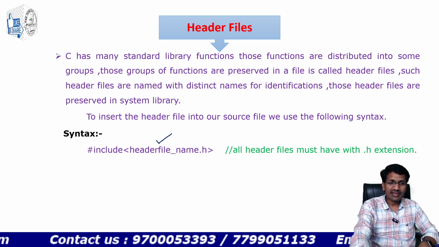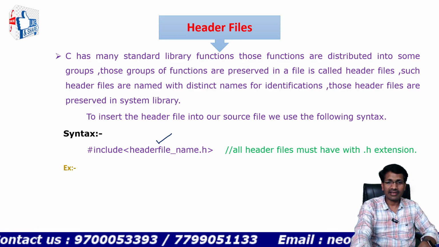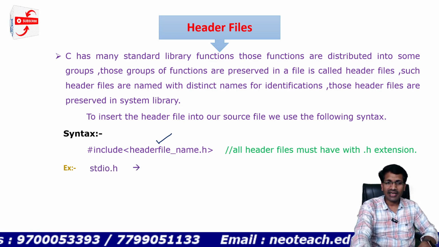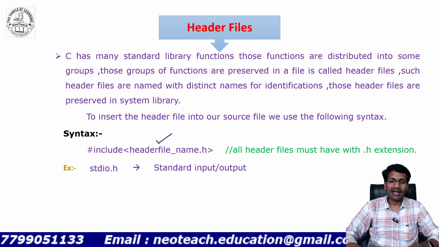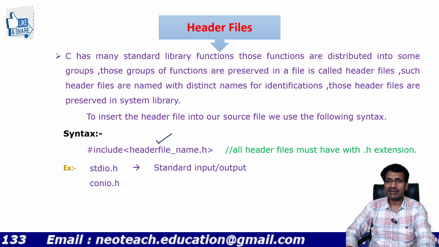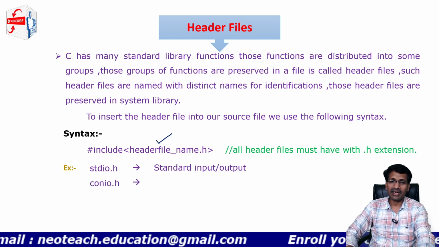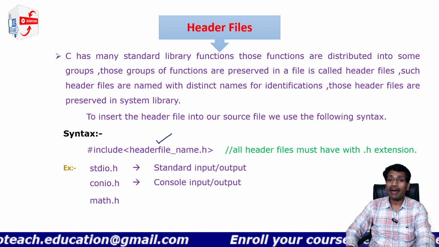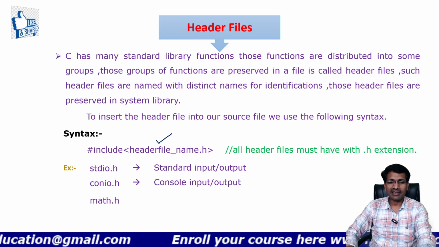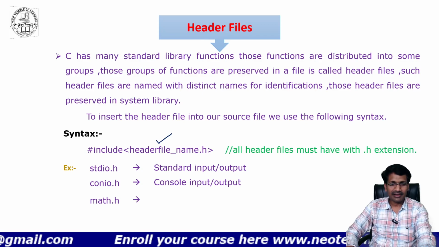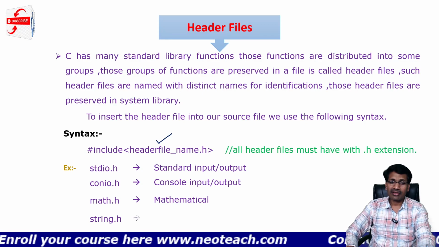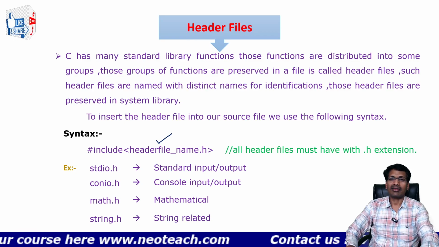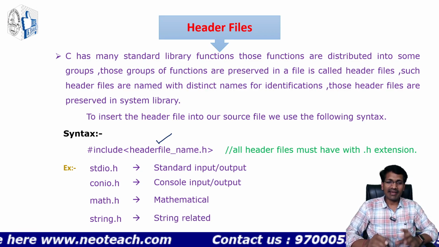I am listing some header files here as examples. stdio is for standard input and output, and we have conio, console input and output header file, and math.h is also there. Mathematical functions are all available in math.h. And finally, string.h, meaning all string handling functions are available in this.